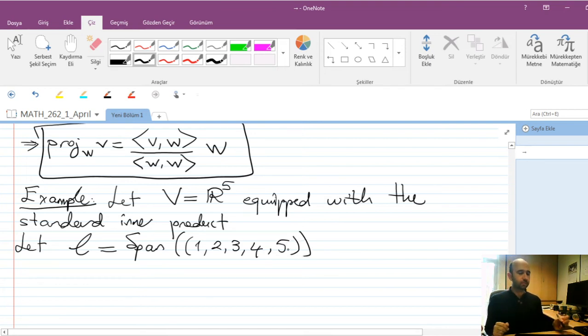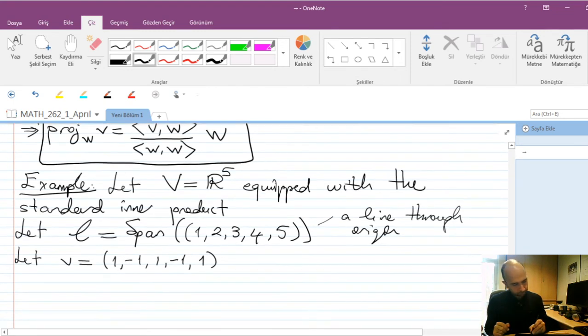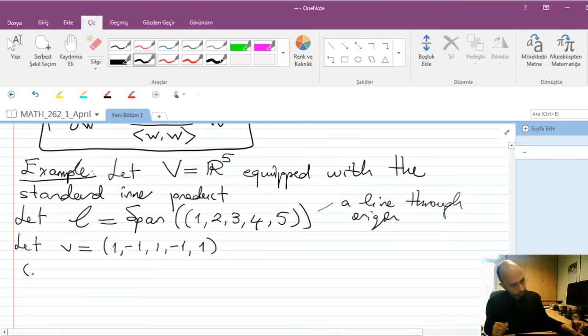So it's a subspace of R^5, and actually it's a line through the origin, whatever that means in 5 dimensions. And let V be the vector (1, -1, 1, -1, 1), which is also in R^5, of course. Now, question A. Find the shortest distance from this vector to the line.